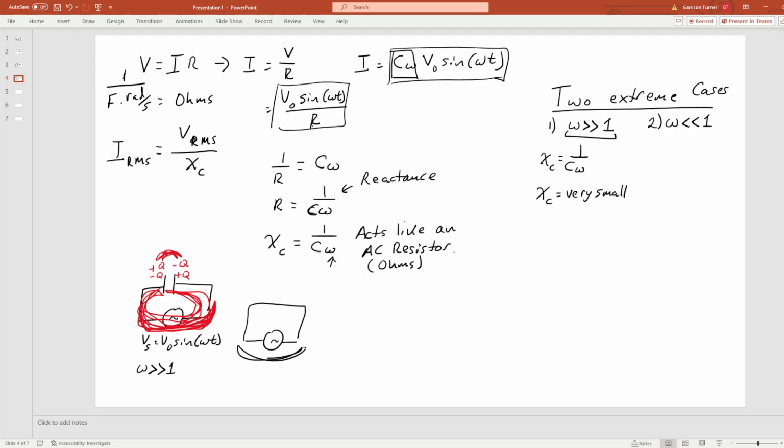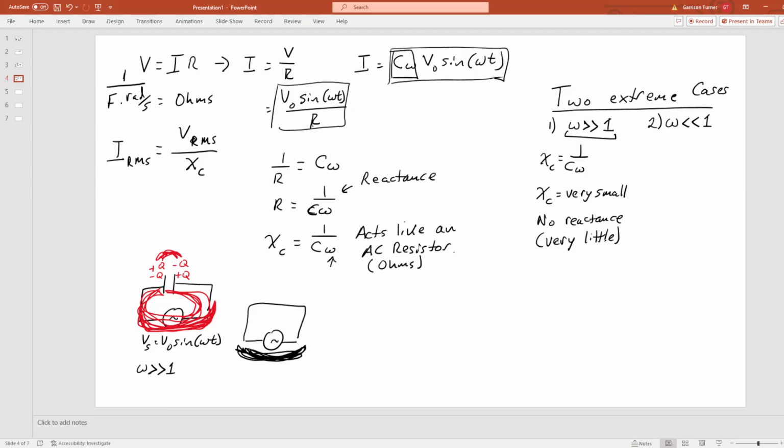The charge is just going to bounce back and forth very, very rapidly. So this is basically kind of like no reactance at all. In truth, it's just very little reactance, but it's very little. Okay, it's hardly there for large enough omega.